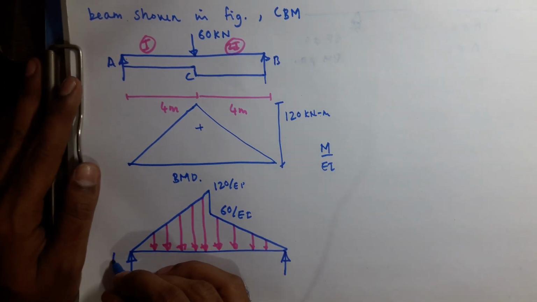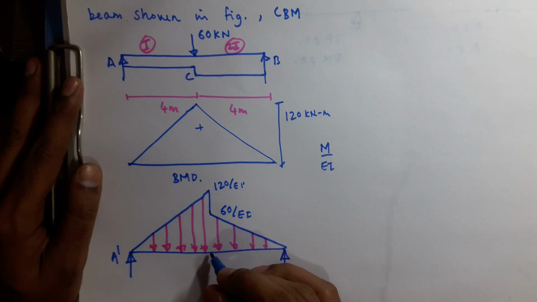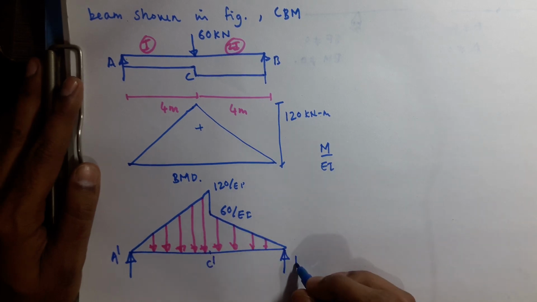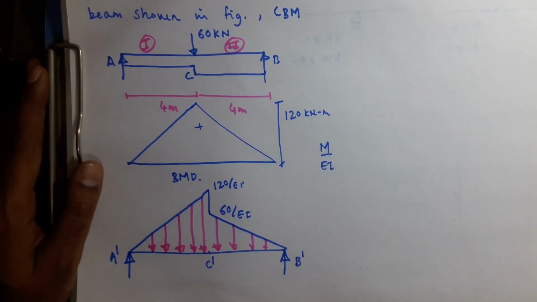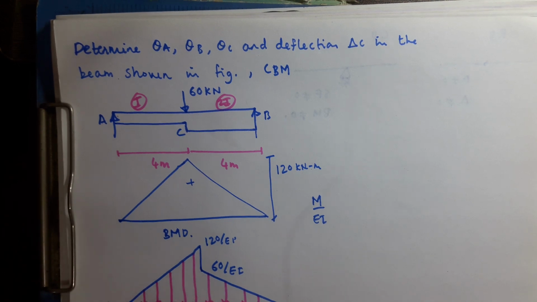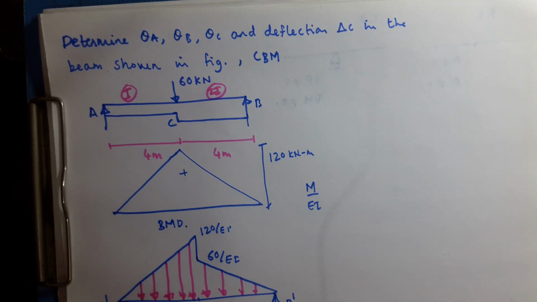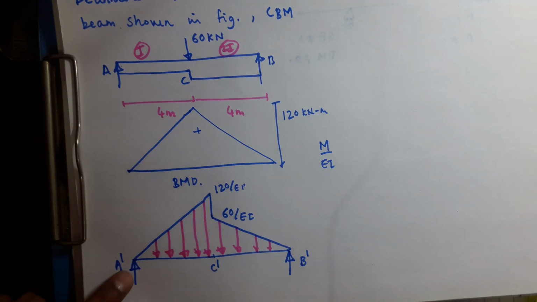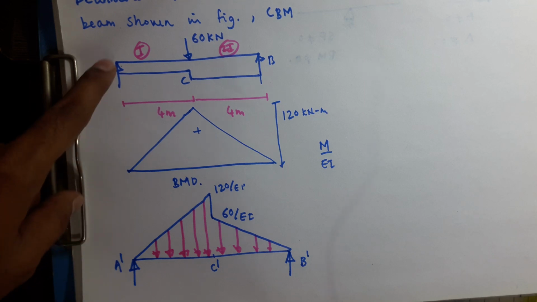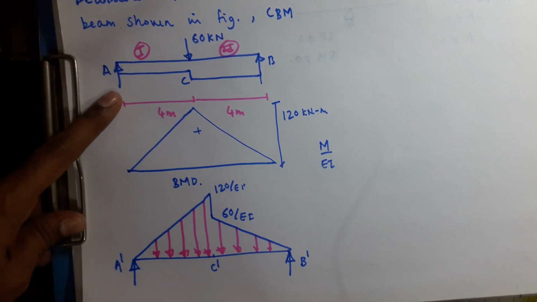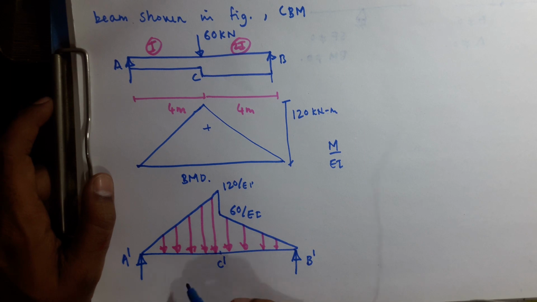I will call this A dash, this C dash, and B dash. Now what we have to find here? Theta A, theta B, theta C. So the shear force at A dash in the conjugate beam will be equal to the slope at A in the real beam. So this is our conjugate beam.